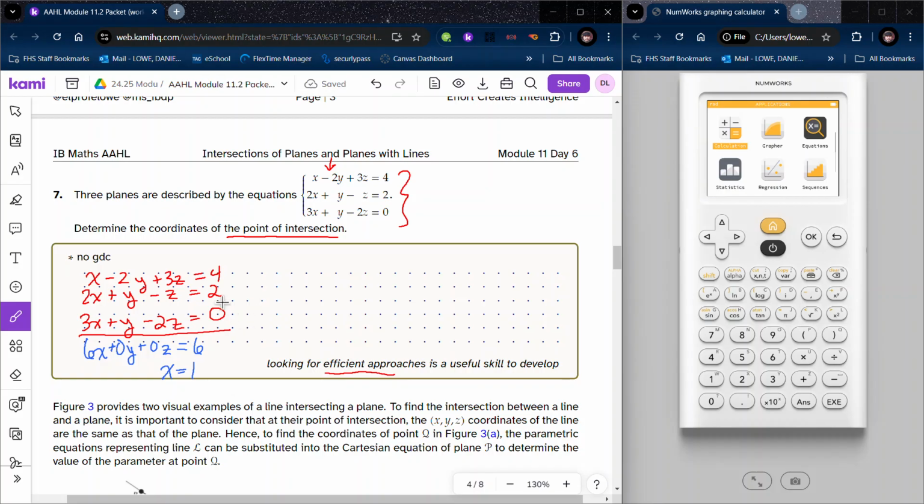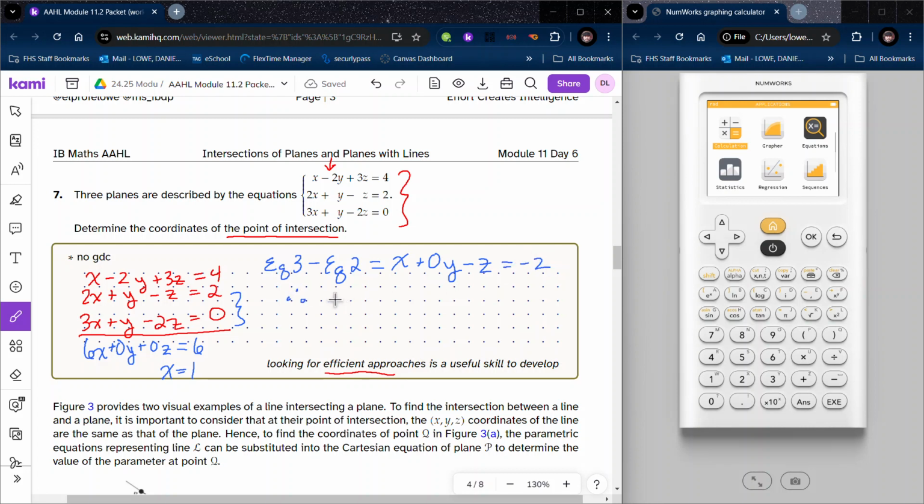Okay. Now let's revisit the second equation and the third equation. Notice that if I take equation 3 and I subtract equation 2, what's that result? 3x minus 2x is x, y minus y is 0y, and negative 2z minus negative z is negative z, and then 0 minus 2 is negative 2.